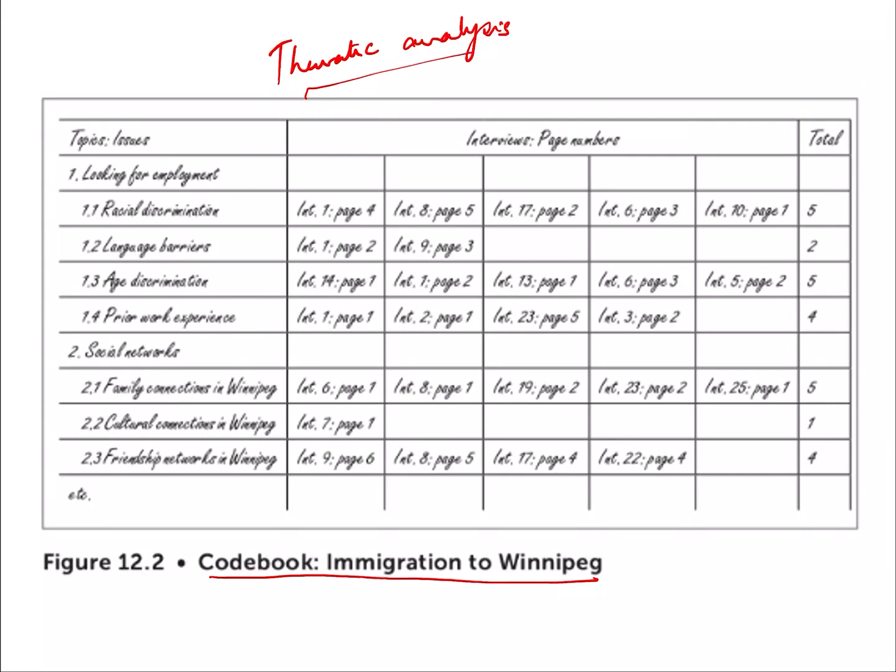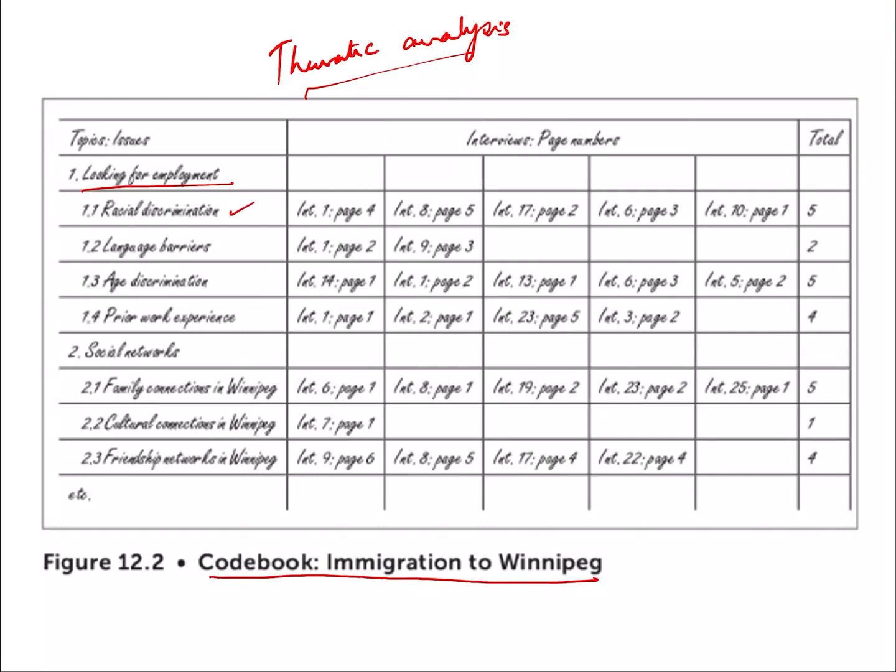Thematic analysis, as you remember, can be done with transcripts of interviews, interviews themselves, videotapes of interviews, films, so many different things. Okay, so in this example, they are talking about the use of the transcripts of an interview, and they're identifying themes. So under the theme looking for employment, there are several sub-themes.